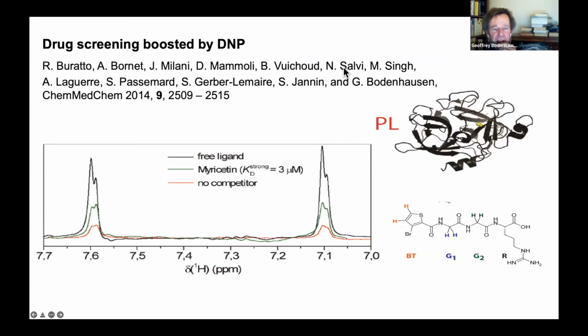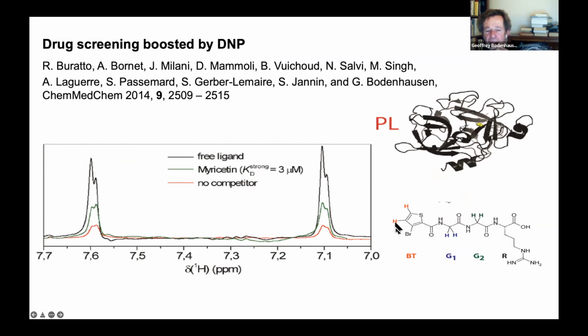But in a later paper, we came with this molecule here, which is basically a peptide, glycine, arginine. We know that the arginine has a certain affinity for this protein and will stick to a binding site. And therefore, if we mix the protein and the arginine, the tumbling time of the arginine will be dramatically reduced. But we didn't look at any of these protons.